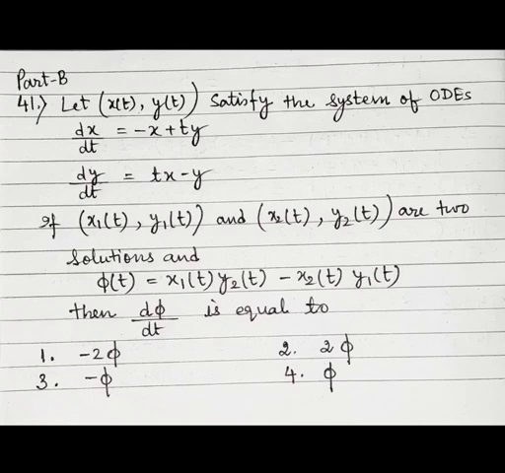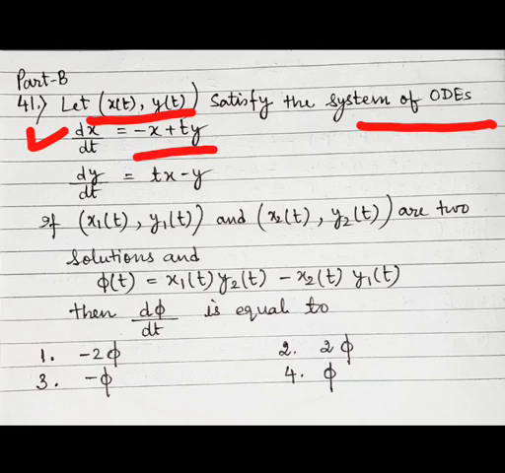The question is: let (x(t), y(t)) satisfy the system of ordinary differential equations dx/dt = -x + ty, dy/dt = tx - y.